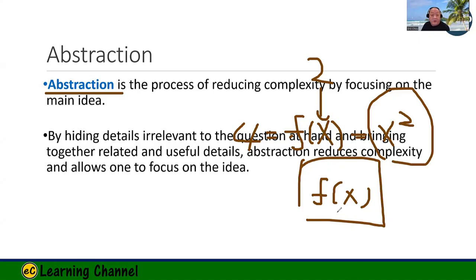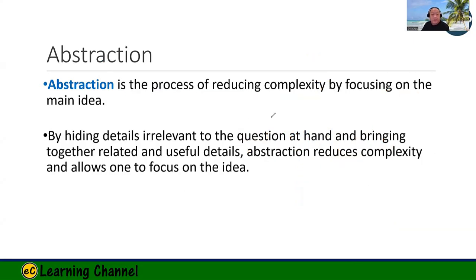As for how you write the Python code to write that abstraction, I don't care. I just care about the process of reducing complexity by focusing on the main idea. So a function is a functional or procedural abstraction, hiding the complexity inside the function. You use an array, that's a data abstraction, to hide the complexity of the data in a data structure.